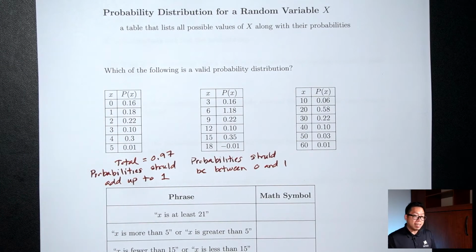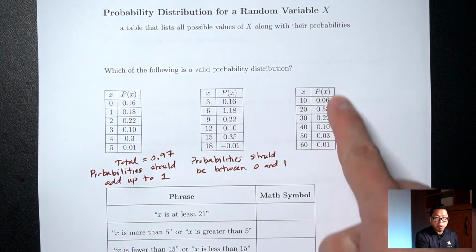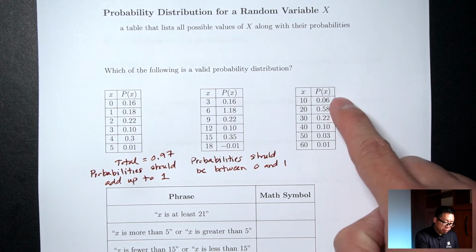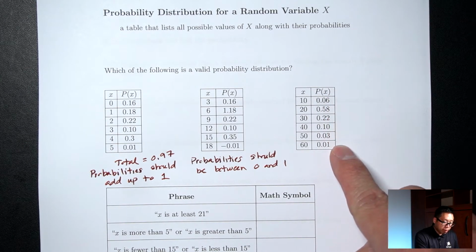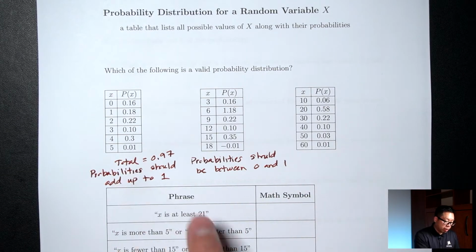What about this last table? Let's first check the first requirement. Are the probabilities all between 0 and 1? Yes, so that requirement is checked. What about the total?